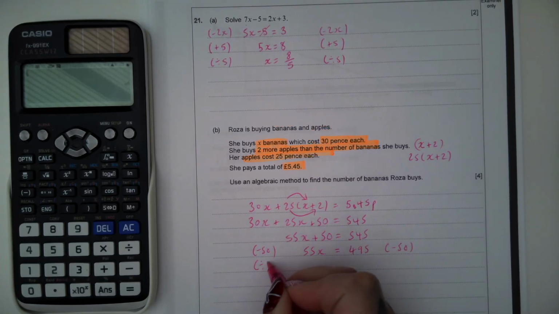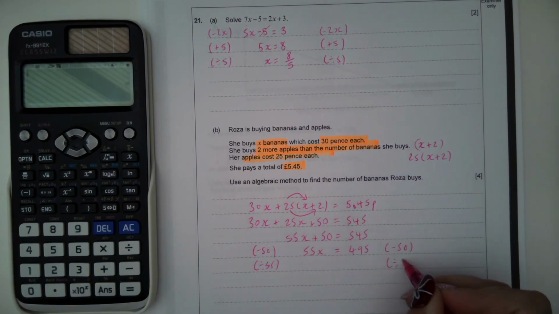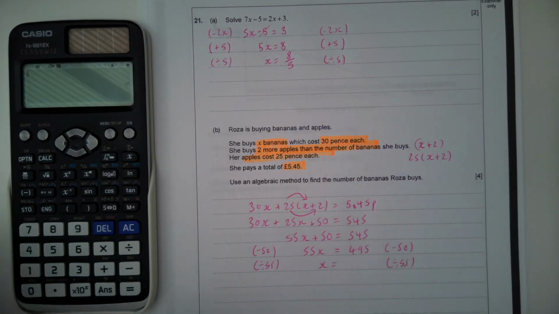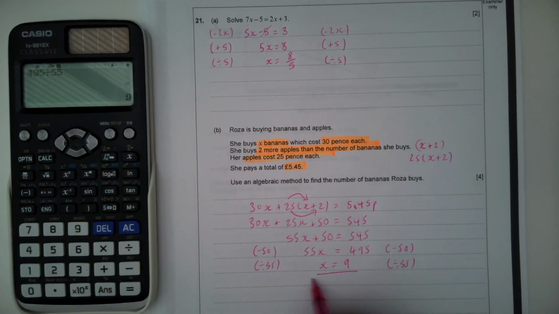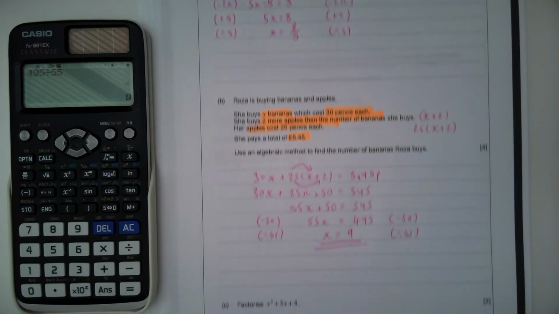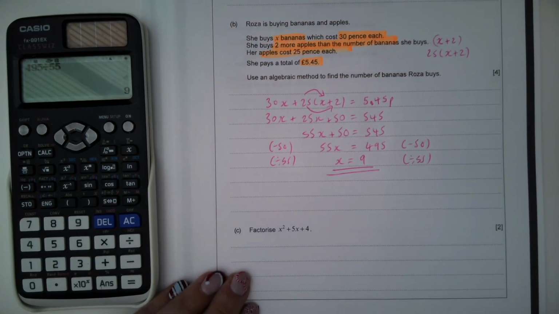And then I'm going to divide by 55 because it's the inverse of multiplying by 55. So x equals 9. Okay. x is the number of bananas. So that's our answer.